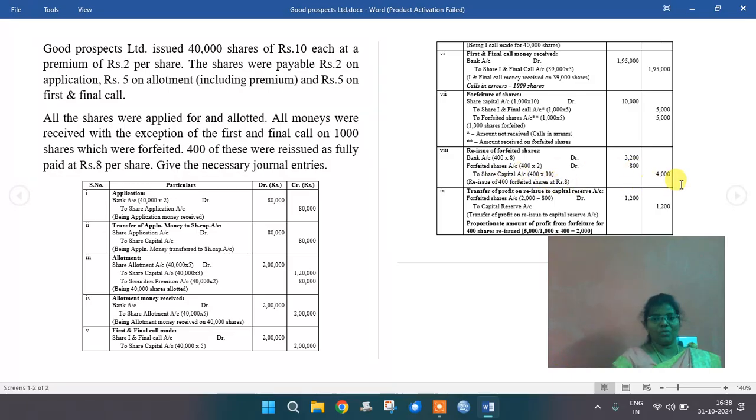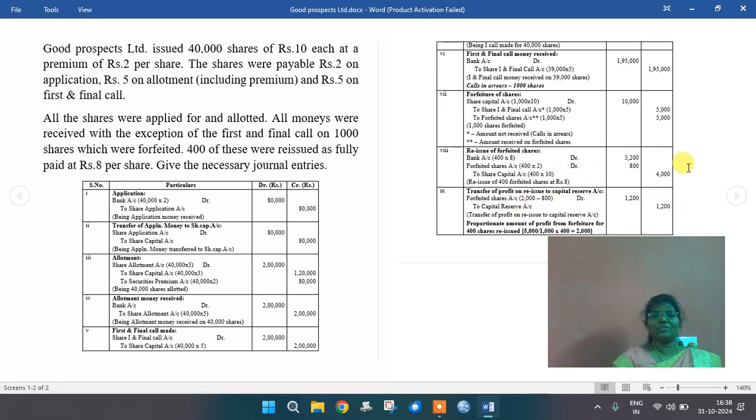Now what we have to do is, the amount which you are having in excess in your forfeited shares account will be transferred to the capital reserve account. You have forfeited 400 shares, and 400 into 5, how much will you get? 2,000.